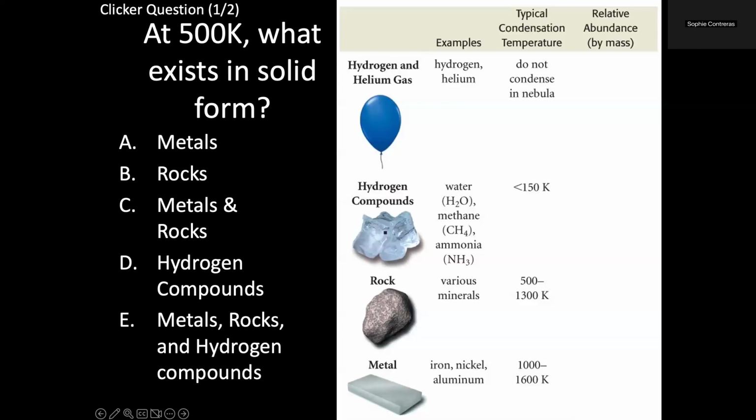It's not this one. This is too hot for hydrogen compounds because hydrogen compounds melt above 150. Or another way to say that, they condense below 150. I can say it both ways, right? Currently, I'm looking at 500. 500 is above 150. So this would all be melted. Going down here, rock melted.